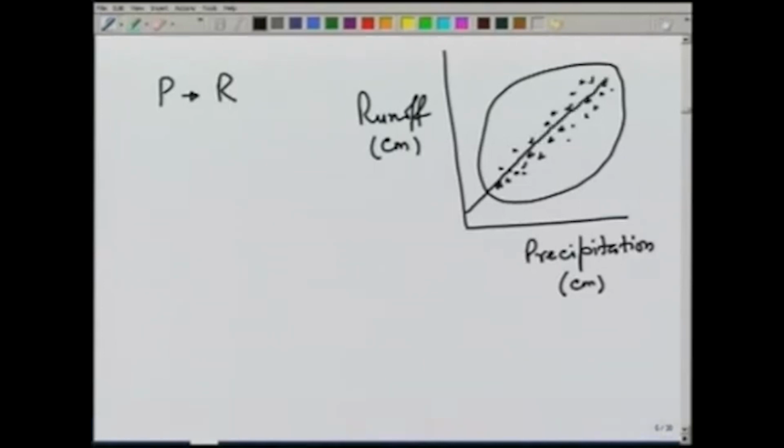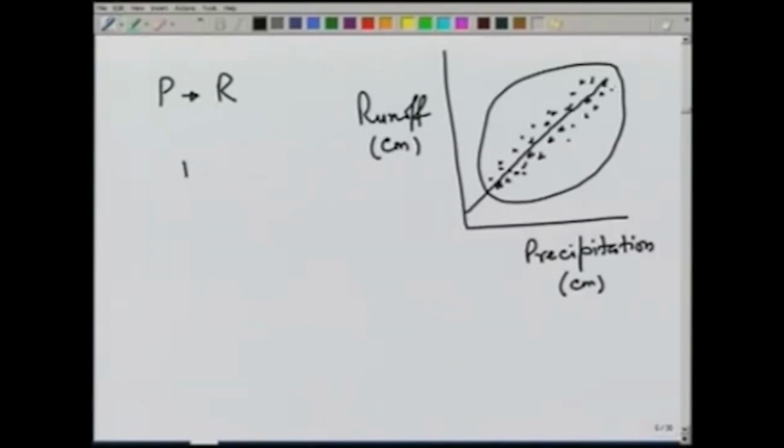Suppose we have a lot of data. A lot of techniques are available for fitting a straight line through data. We will not go over those techniques, but once you fit the straight line, you have a relationship like this, which relates the runoff with the precipitation on the area.